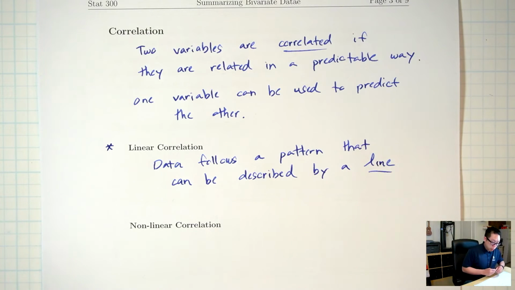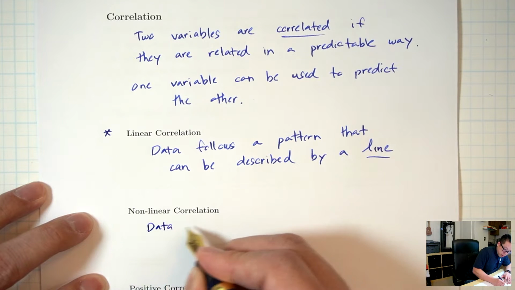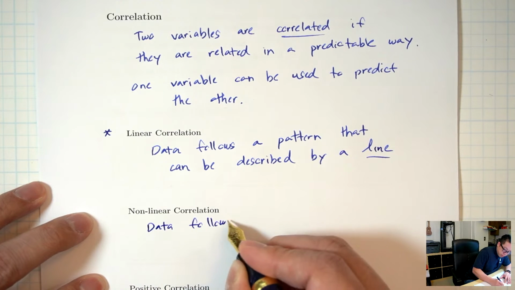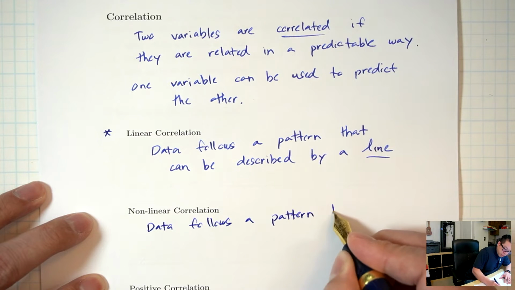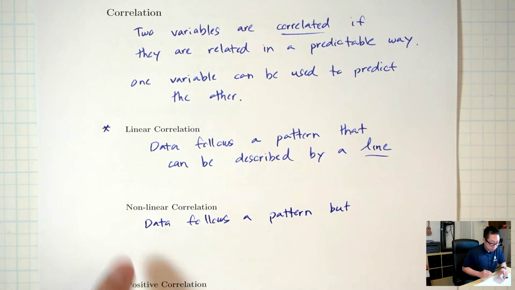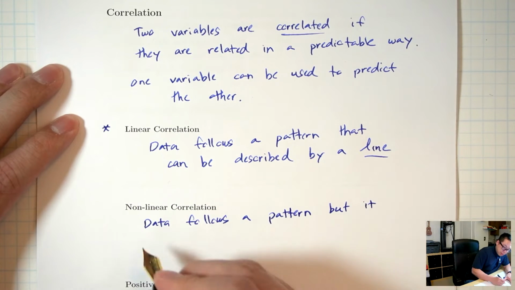In a nonlinear correlation, the data follows a pattern, but it's nonlinear, so it's not a line.